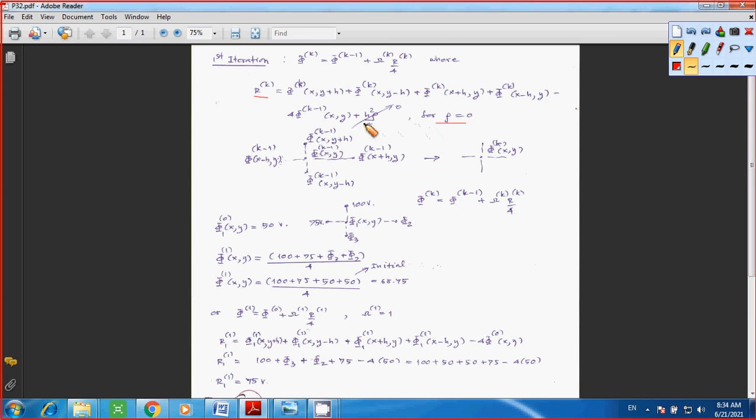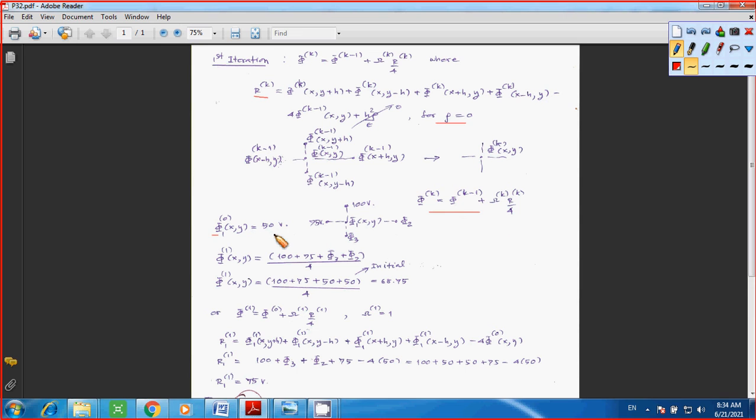Since your rho equals 0, you don't have this term. This term drops. You take a look, you're looking for your phi xy. That's going to be the average of the potential around this point. Now we're going to apply this equation: phi k equals phi k minus 1 plus omega k r k over 4.